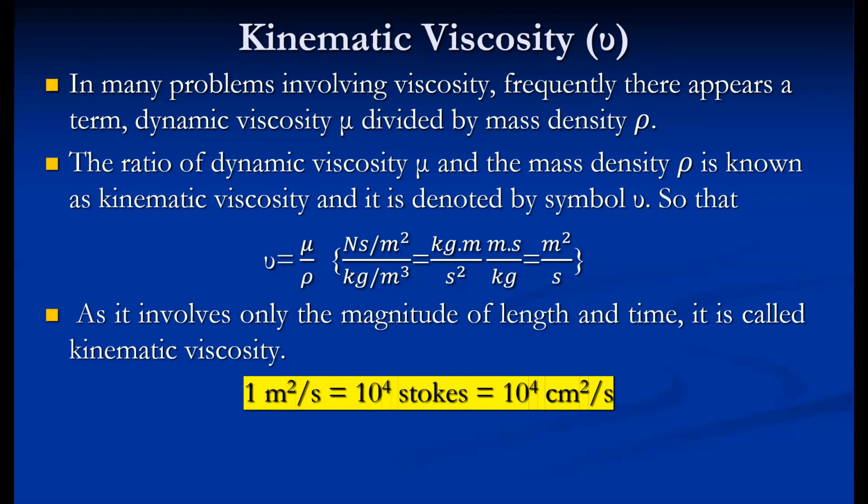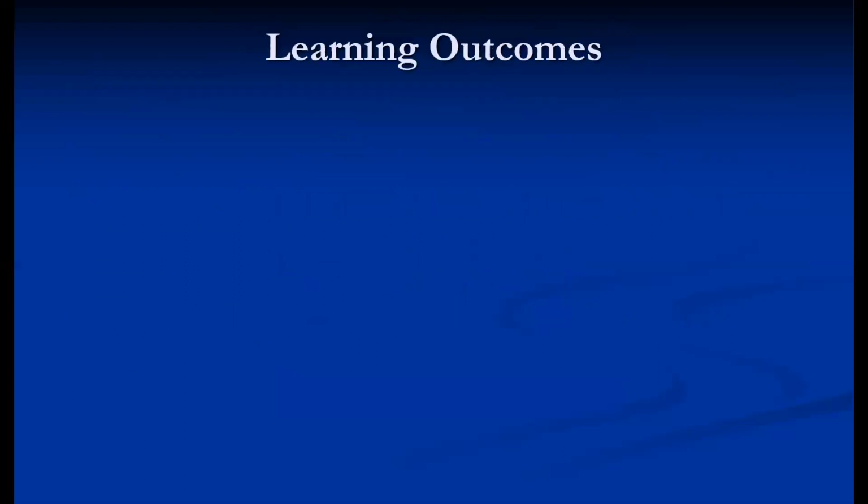Again, as said in the previous slide, commercial units are smaller. So if it is given in commercial unit, we have to multiply by 10 raised to minus 4 to convert it into the SI unit, that is meter square per second, because we require SI units for solving problems. So 1 meter square per second is equal to 10 raised to 4 Stokes. So that's it about viscosity.